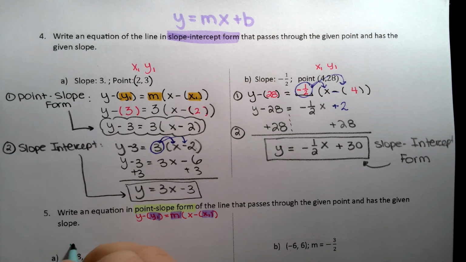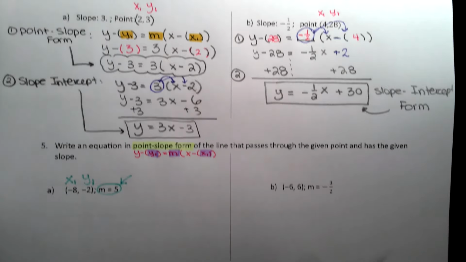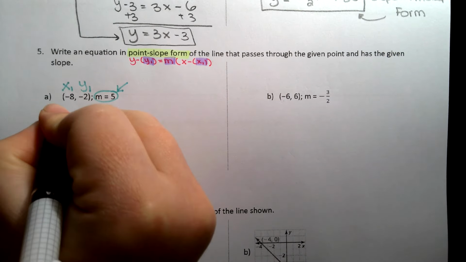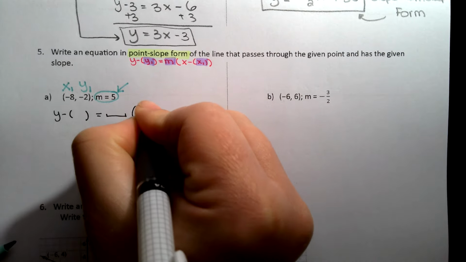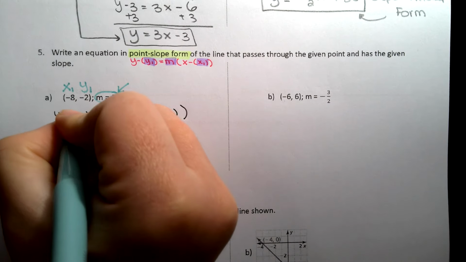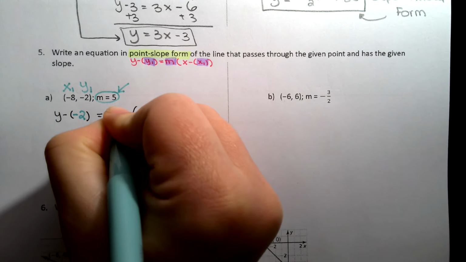They're giving us a point, x1, y1, and they're giving us our m value already. So we're going to take our equation, y minus y1 is equal to m times x minus x1. Y1 is negative 2. X1 is negative 8. Slope is 5.